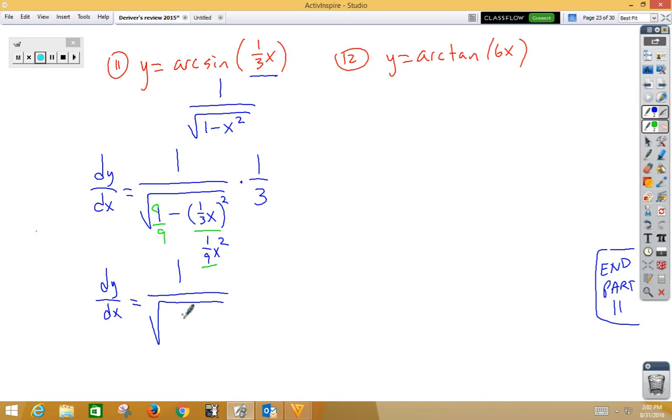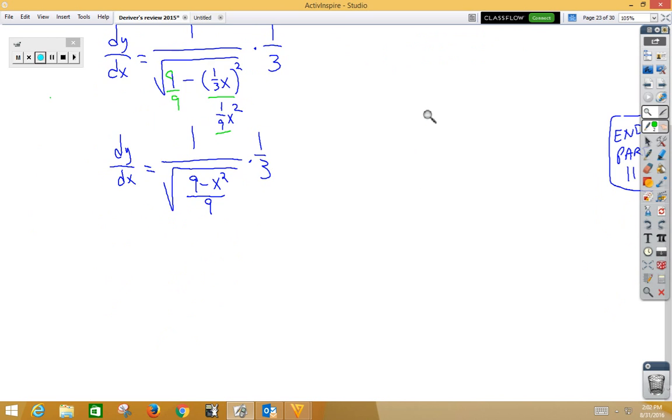That allows me to write this as 9 minus x squared over 9 times my 1/3. Now, back in Algebra 2, we learned that if we have a fraction under a square root, we can break it apart. So now I've got 1 over root 9 minus x squared over root 9.